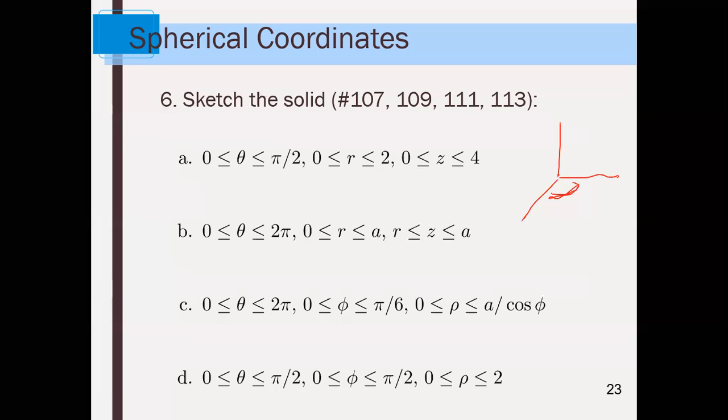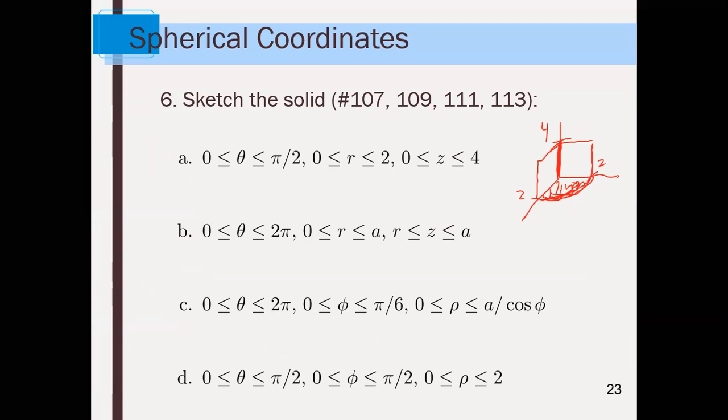What about z between 0 and 4? Well, that just means that z is trapped here between 0 and 4, yeah? And then r between 0 and 2. Okay, so that would just mean I would sketch this circle, and it's everything inside of here, yeah? So I think what we would get here is this solid.